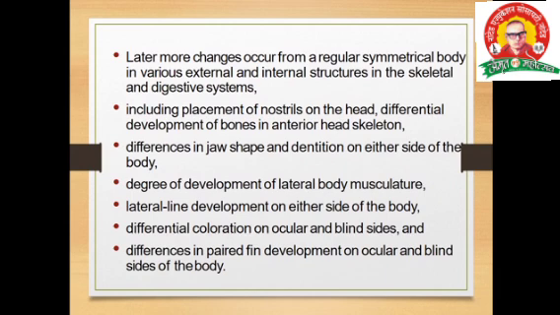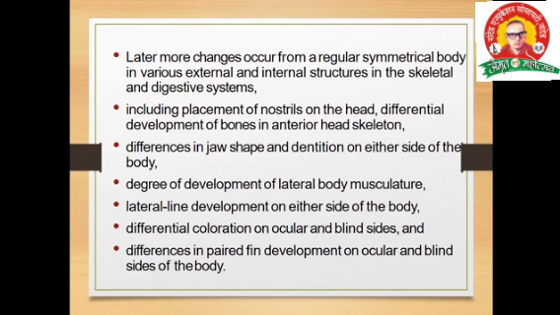Various external and internal structures, in the skeletal and digestive system, also change, including placement of nostrils on the head, differential development of bones in the anterior head skeleton, difference in jaw shape and dentation on either side of the body, and lateral line development on either side of the body.